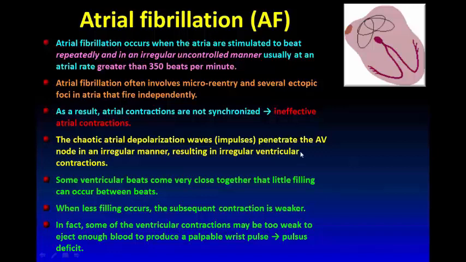And when less filling occurs, the subsequent contraction would be weaker based on the Starling mechanism, and in fact some of the ventricular contractions may be too weak to eject enough blood to produce a palpable wrist pulse, and this gives what is known clinically as pulsus deficit.